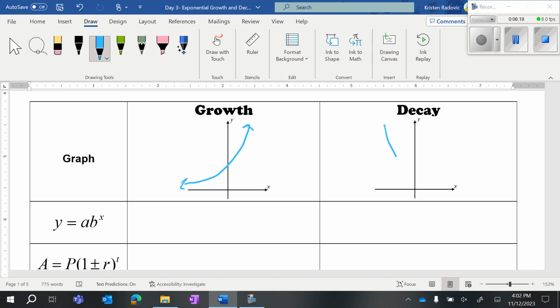And we have exponential decay. And in general, if you don't have a number in front, you will have the coordinate 0, 1, as long as there's no leading coefficient.